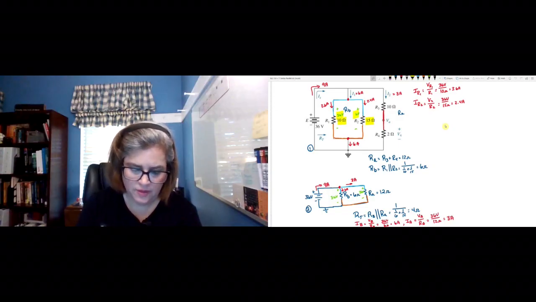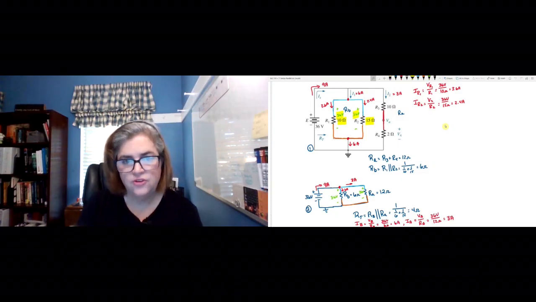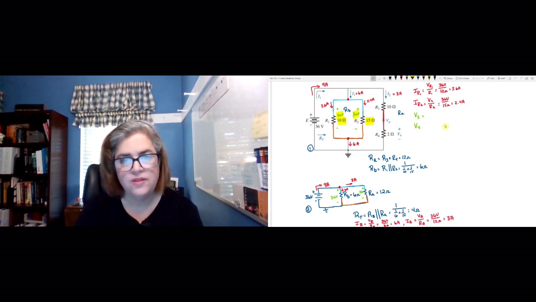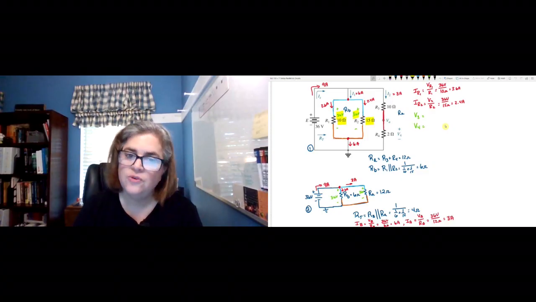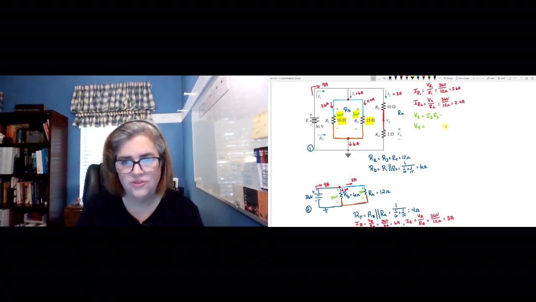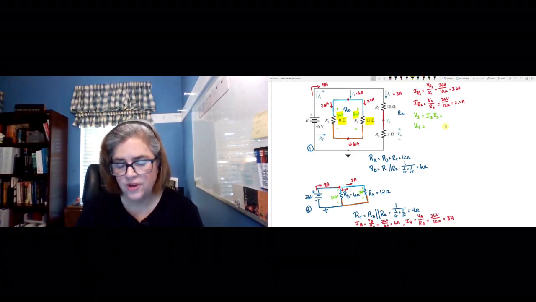Let me put that back. Let's move on to R3 and R4. So let's find our voltage drops across R3 and R4. We're going to call them V3 and V4. So the voltage drop across R3 is going to be I3 times R3. Again, we're just applying Ohm's law over and over and over again.